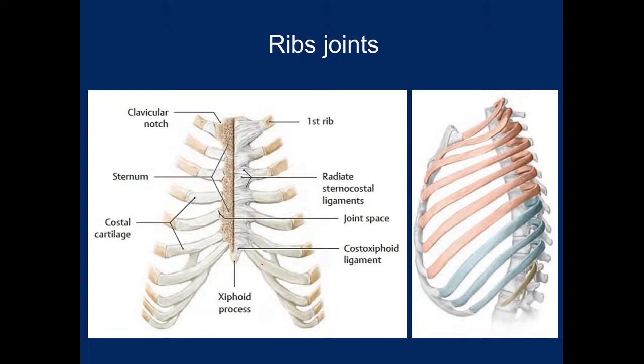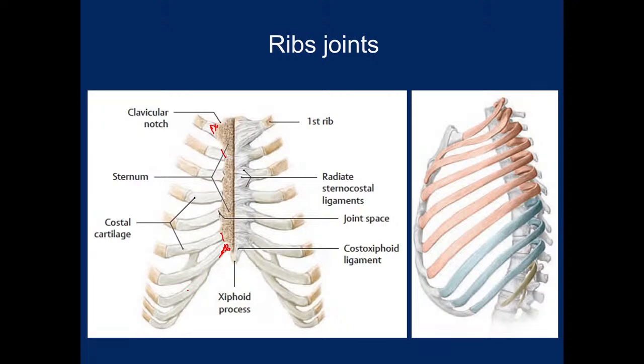Rib joints, anterior view with the right half of the sternum sectioned frontally. You see, true joints are generally found only at the second to 5th ribs. The first, the 6th, and 7th are attached to the sternum by synchondrosis. Here are not joints, that is synchondrosis.